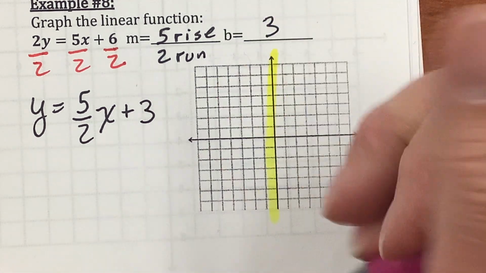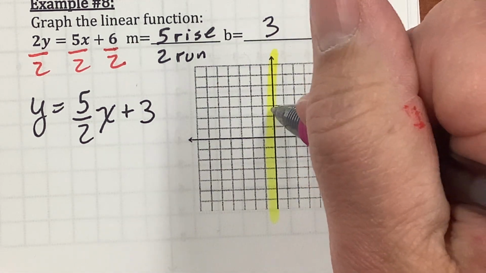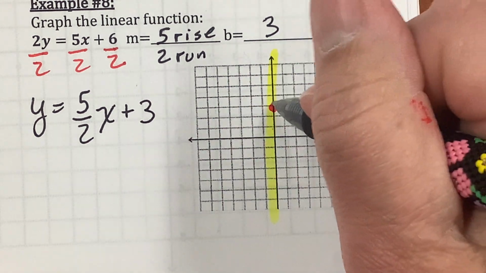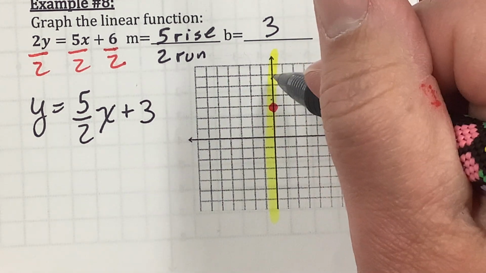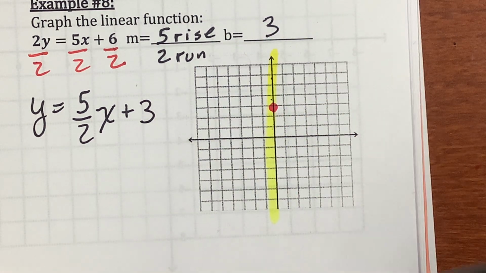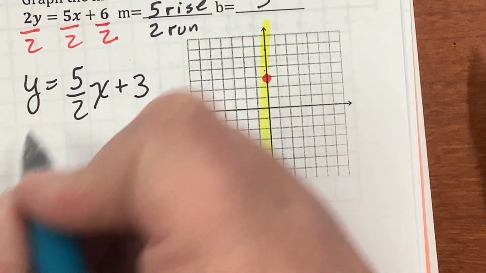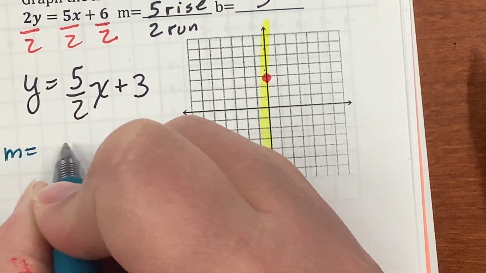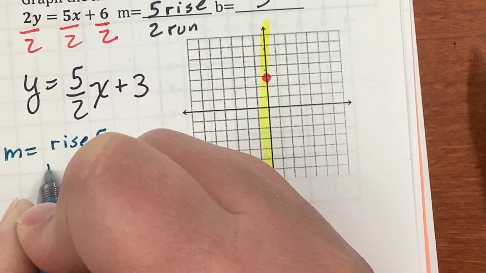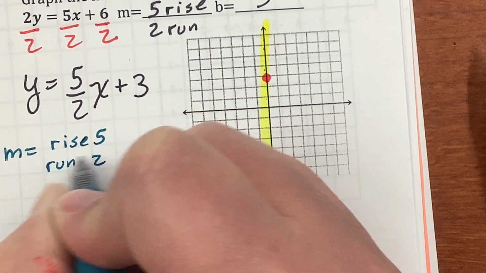Here we go. 1, 2, 3. I begin at 3. And from there, I rise 5. 1, 2, 3. Oh, no. 4. I can't. All right. So that means that I have to think. M equals rise 5, run 2.